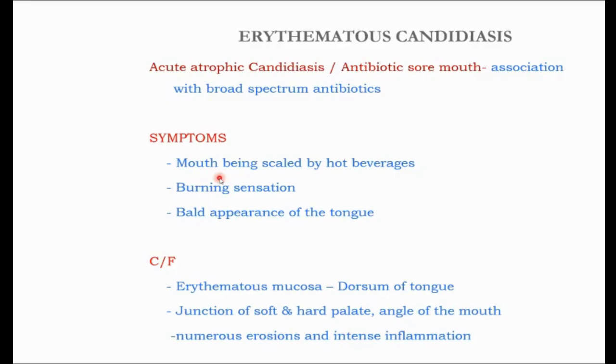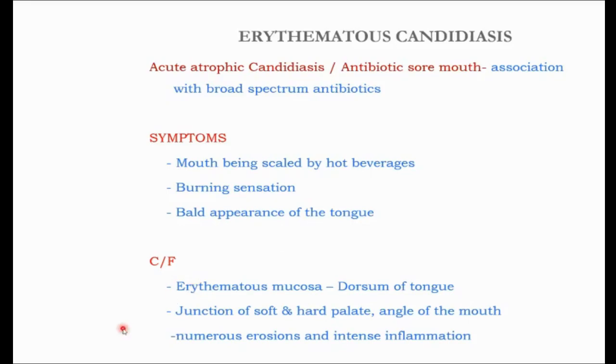The patient feels it constantly. And there is a bald appearance of the tongue. What are the structures which are present on the dorsum of the tongue? They're the papillae. There are a lot of fungiform papillae, filiform papillae, circumvallate. All these are present on the surface of the tongue. So they all become lost, and the tongue appears bald.